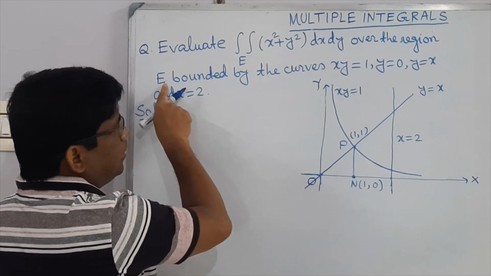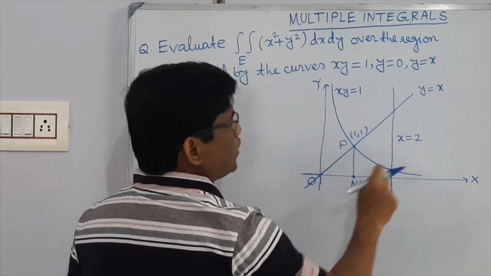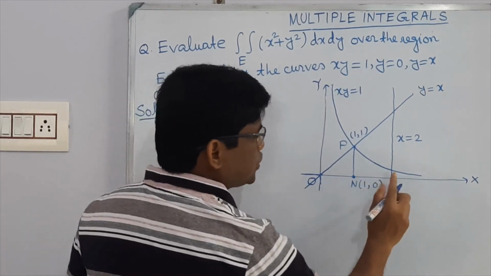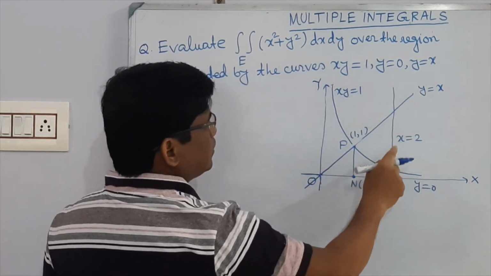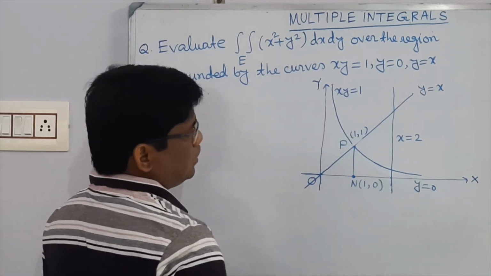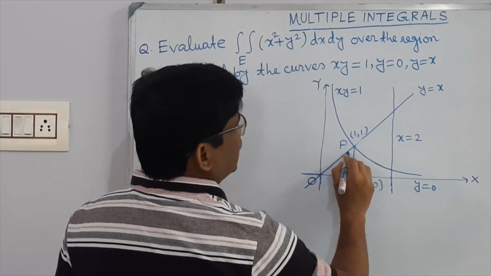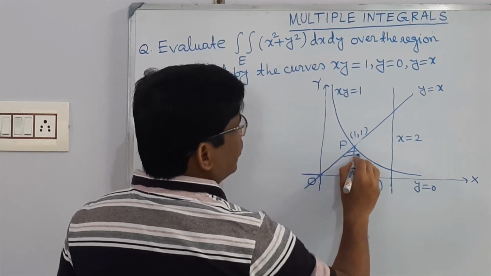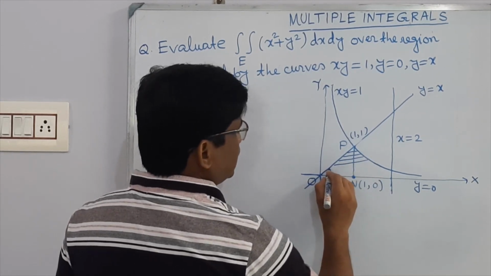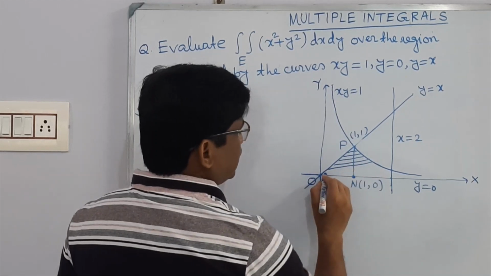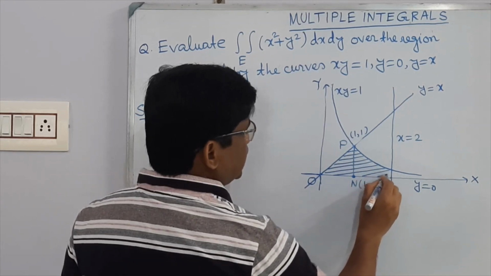The region E is bounded by the curve xy is equal to 1, y is equal to 0, y is equal to x and x is equal to 2. Therefore, the common portion of these given curves is represented by the shaded region.